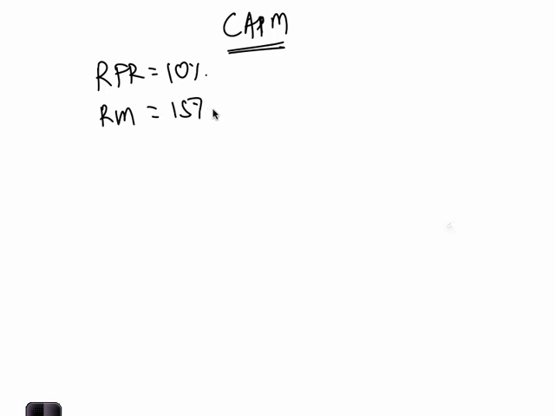So how do you do CAPM calculations? We've already learned this in corporate finance, so I'm going to be rather quick with this. Let's say the risk-free rate of return is 10%, return on market 15%, beta of portfolio P is 1.5. What is the required return?